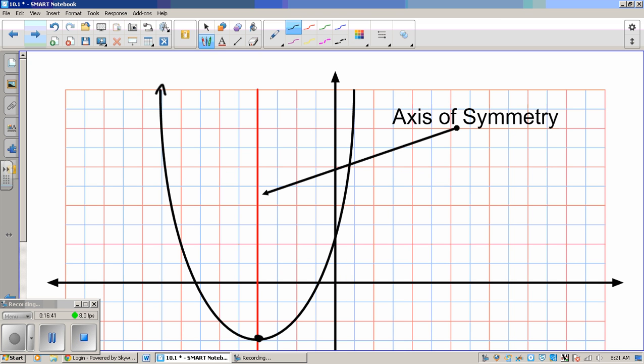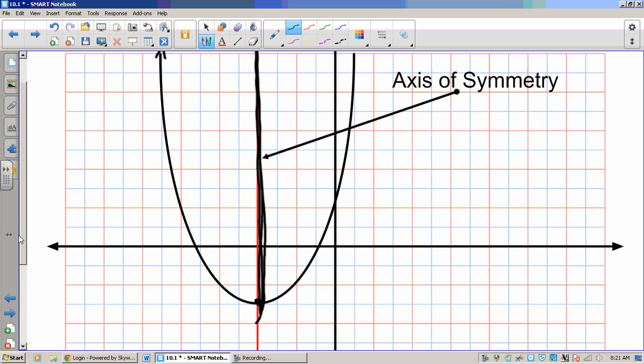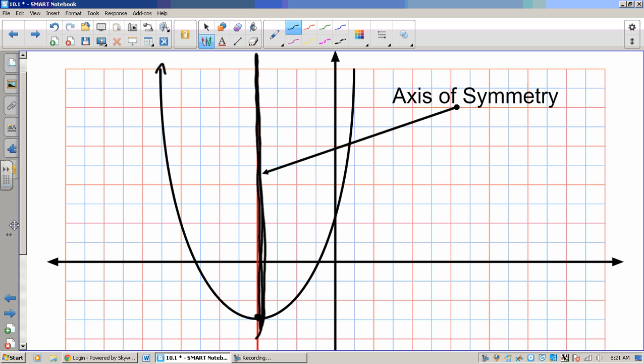If we draw a straight line, x equals a value, that is going to create our axis of symmetry. So it really divides our parabola in half. Okay, make sense? We'll learn how to graph these shortly.